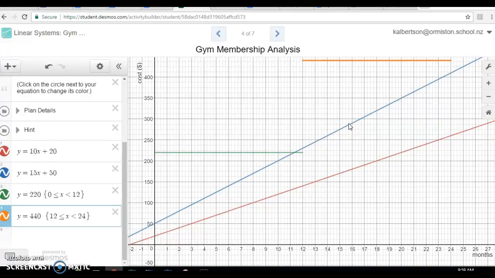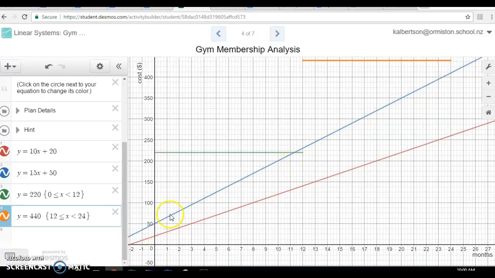The blue one is more expensive, costs $50 to join, and it only gives you access to one location. And this $220 a year one, I think that for excellence, you could explore what it would cost if you moved up to 3 years and see when it does hit the blue line.